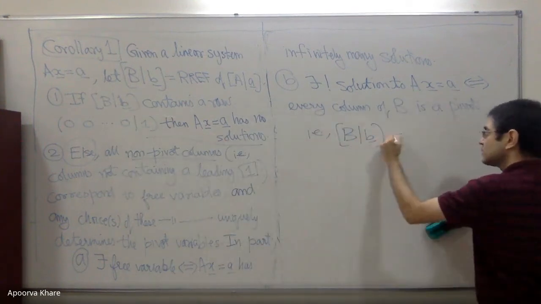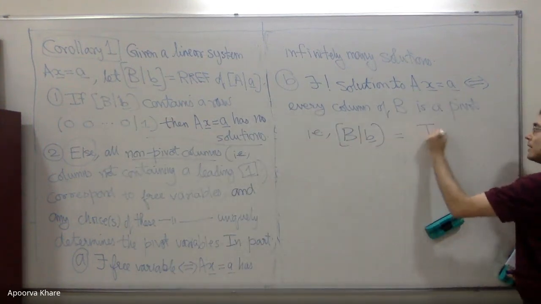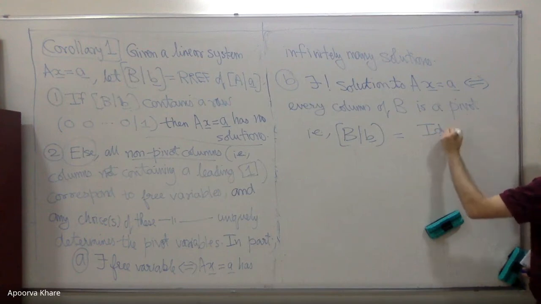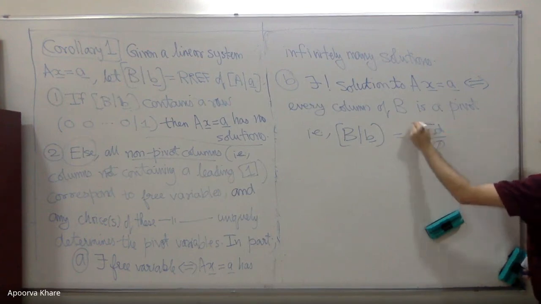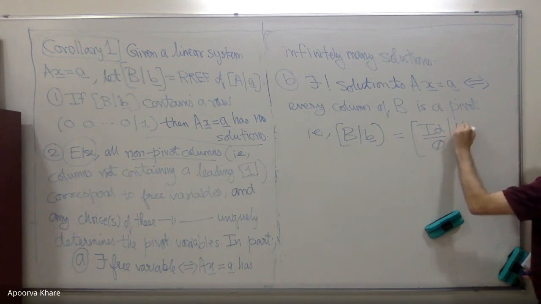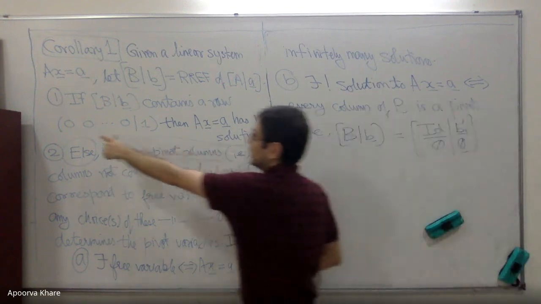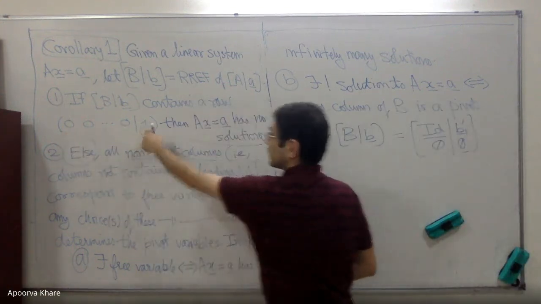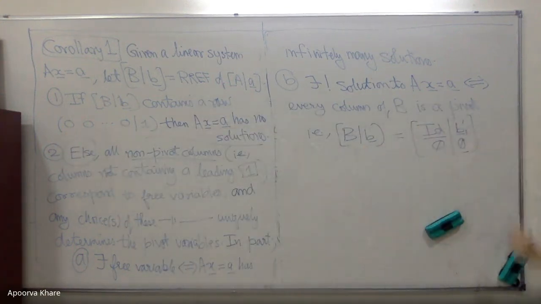So B must be equal to the identity of some size and then a 0 matrix, so many 0 rows. And similarly here, let's call it B1 prime, and this must be 0 because every 0 row in the RREF cannot have a 1 here. So all of these are 0. This is corollary 1.